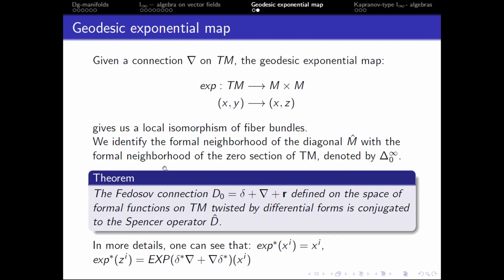The main theorem here is that the Fedosov connection that I exposed before, defined on the space of formal functions on Tm, is conjugated to the Spencer operator. And here, I'm going to tell you how this geodesic exponential map behaves when it's applied to these coordinates on M times M.